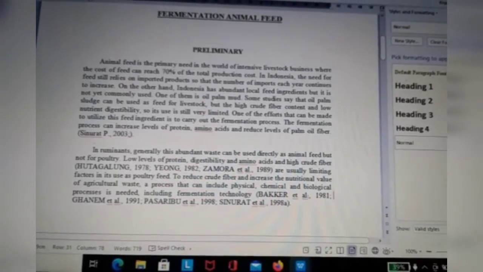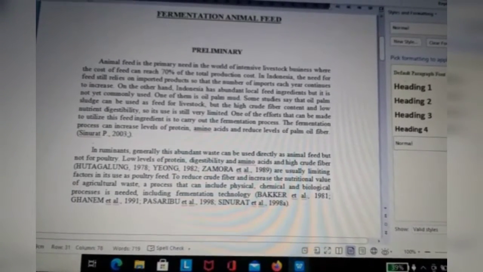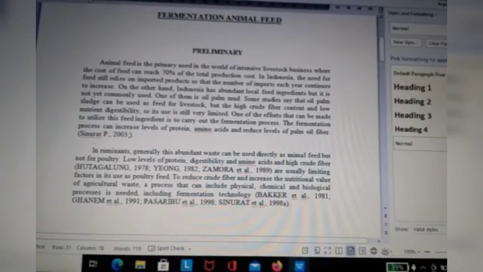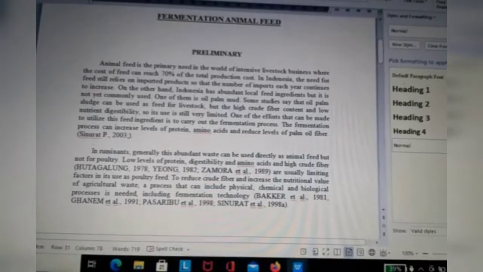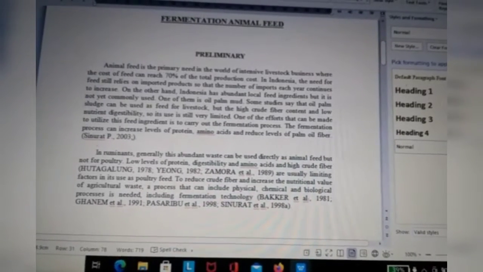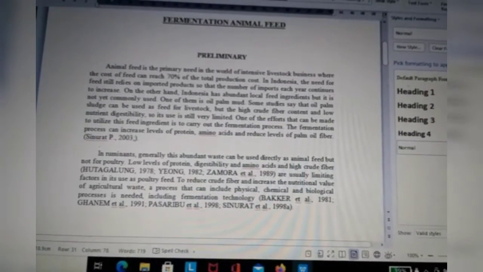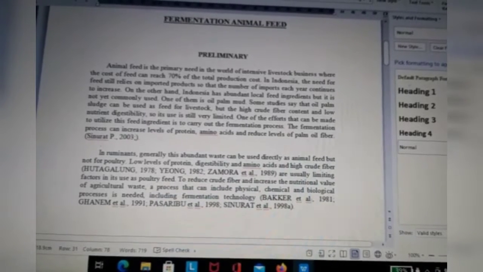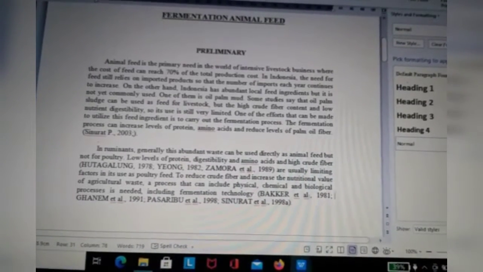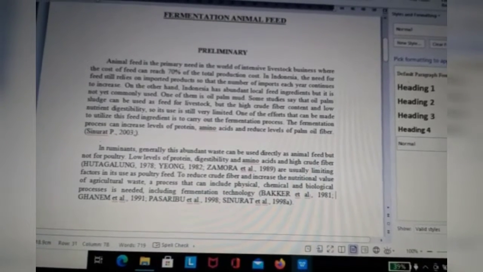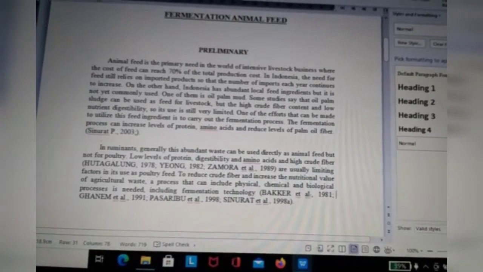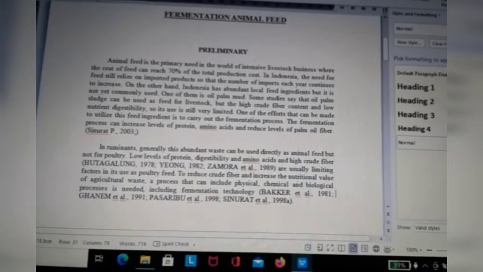commonly used. One of them is oil palm mud. Some studies say that oil palm sludge can be used as a feed for livestock, but the high crude fiber content and low nutrition digestibility make its use still very limited.